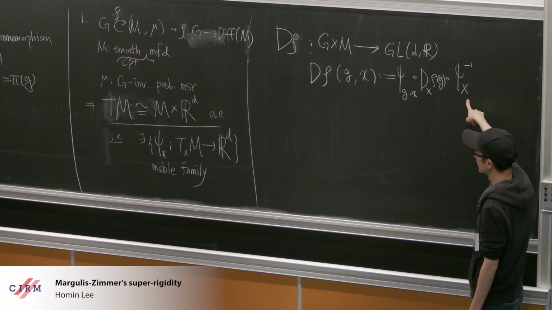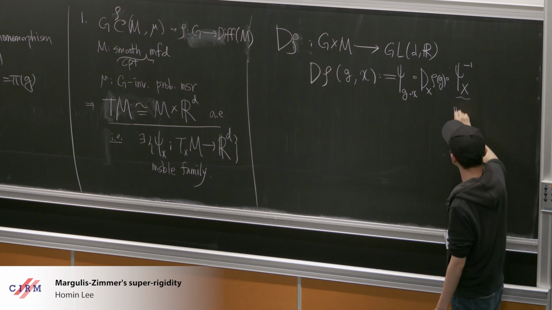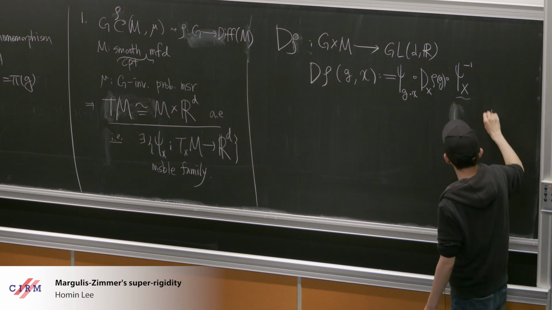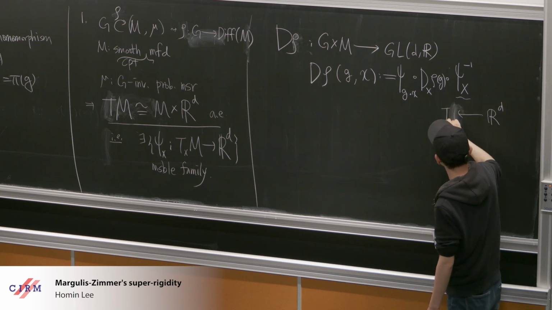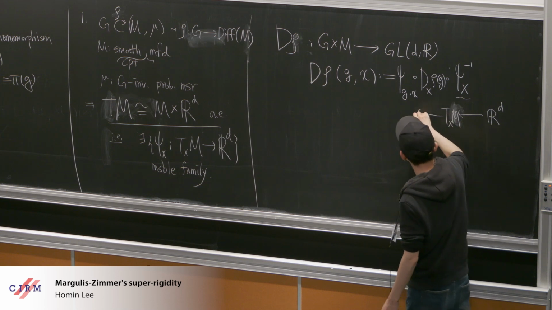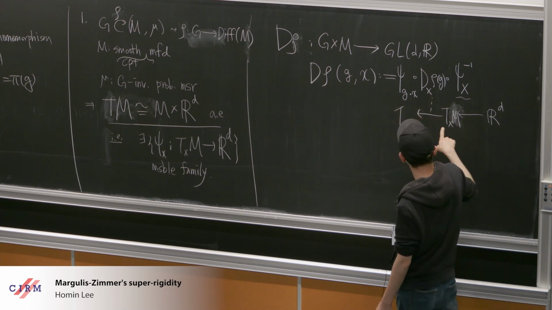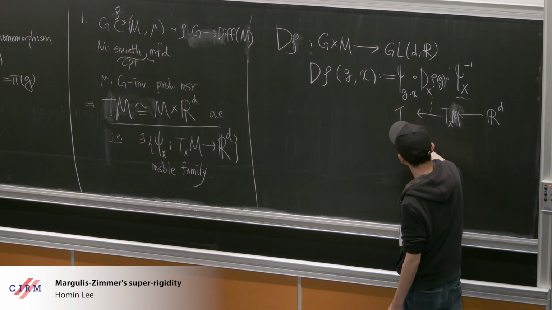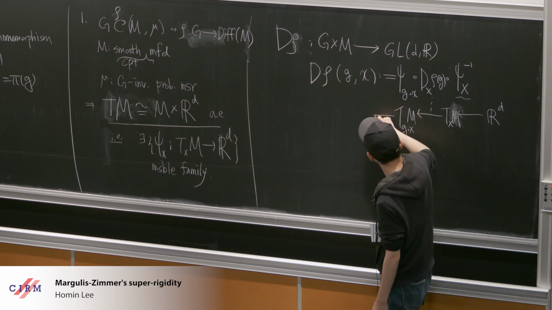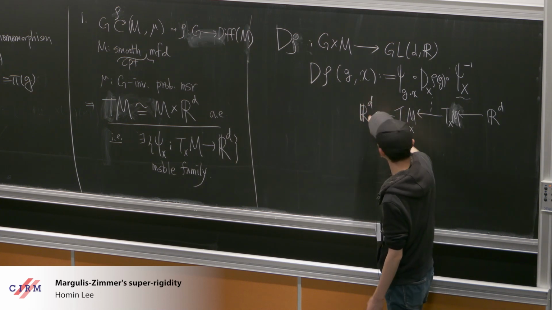Right? Because this will map R to the D to the tangent space at x. And then the derivative will give you the map between the tangent space at x to the tangent space at G x of M, and then going back to R to the D again, right?